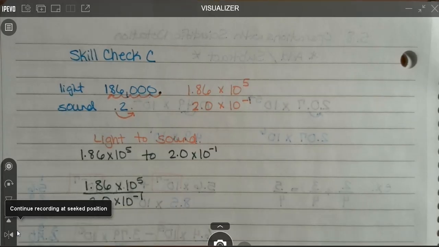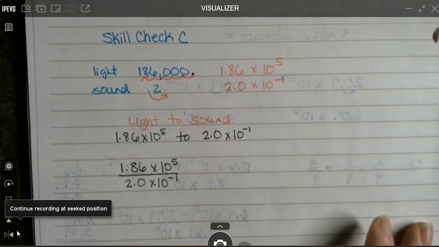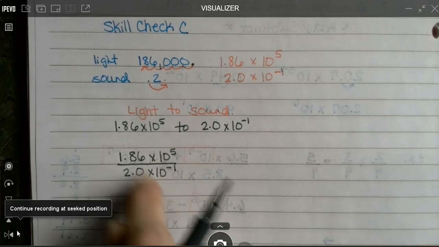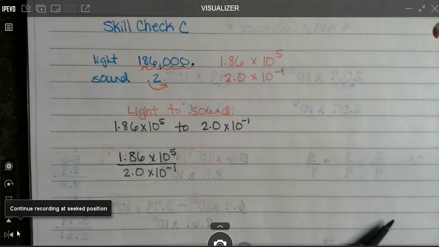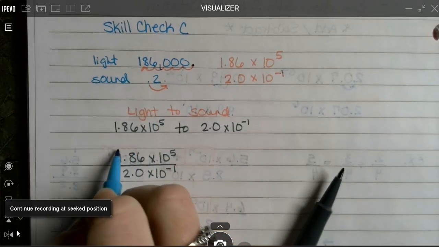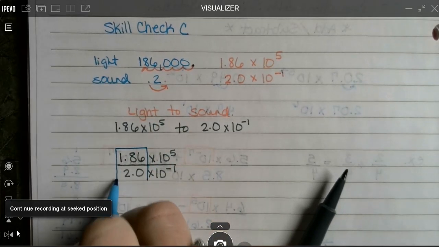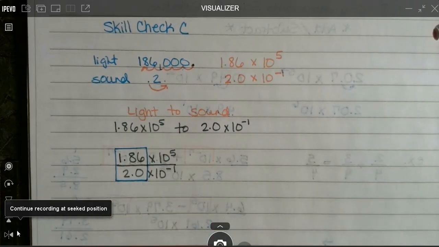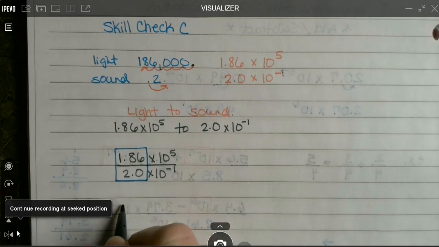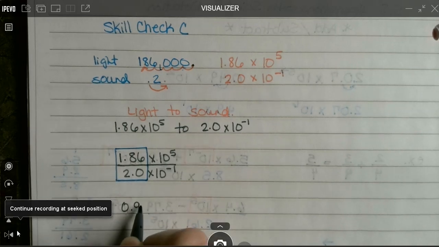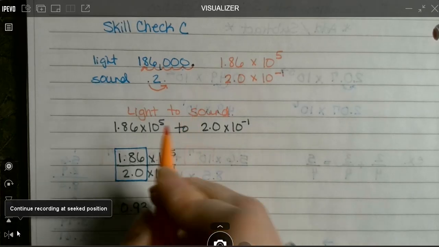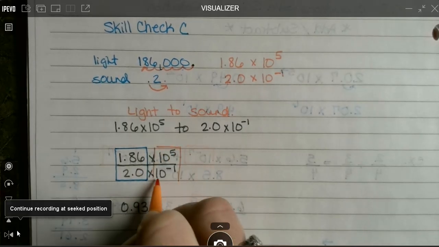And this is kind of a review of what we did yesterday with dividing our powers of 10. So when we're dividing these powers of 10, we divide our numbers, and if you plug 1.86 divided by 2.0 into your calculator, you will end up with 0.93. Double check it. And then, what do we do with our powers of 10?